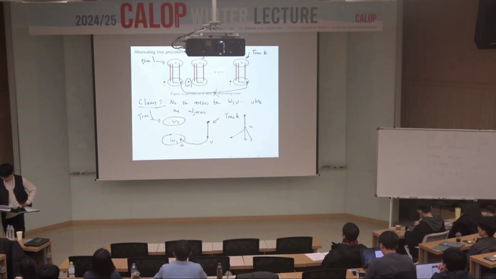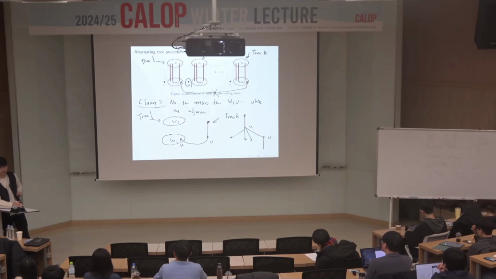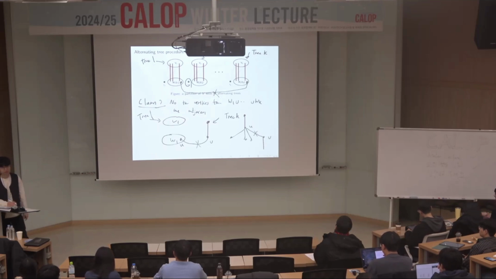We are assuming that there's this vertex V that's connected by a matching edge, and U and V are connected. If we have this situation, then V would have been included in tree 1. But somehow V was not included in tree 1. So that means that there's no edge between U and V. So this is the idea.